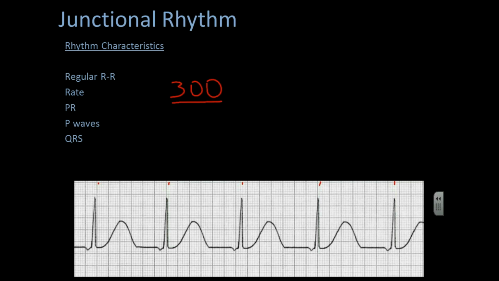So it looks like there are 1, 2, 3, 4, 5, approximately 6 large boxes. So we divide that by 6, and we get 50 beats per minute. So we know our rate just by looking at it. So the rhythm is regular. Let's put yes. The rate is 50 beats per minute.